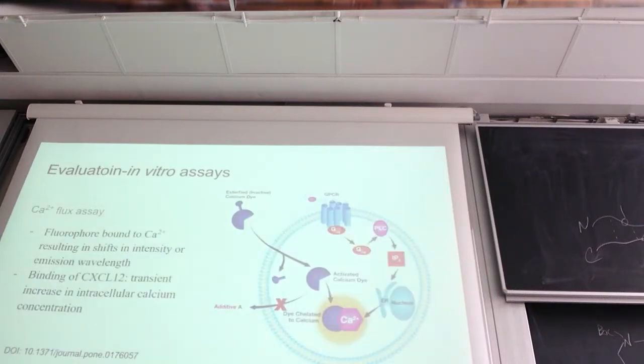anti-CXCR4 drugs. And Ca2+ flux assays are commonly reported in literature to analyze the binding potency of designed compounds on GPCR-related signaling. The principle of the measurement is based on changes in fluorescence intensity or emission wavelength of a fluorophore binding to calcium ions.